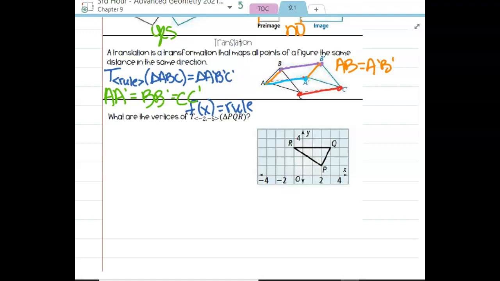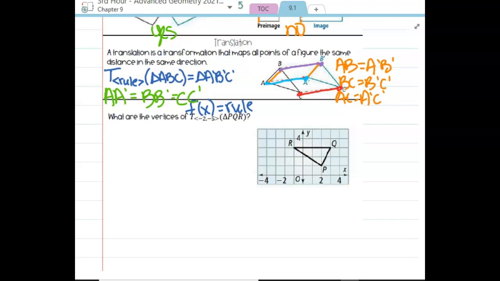That's going to guarantee that A prime and B prime are going in the same direction. And it's also going to be true for BC equals B prime C prime, and AC equals A prime C prime.